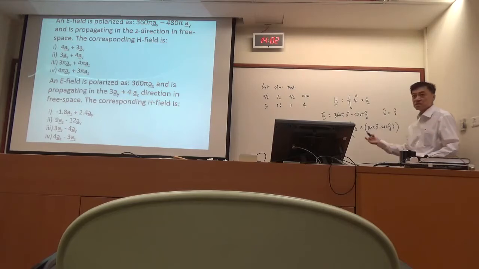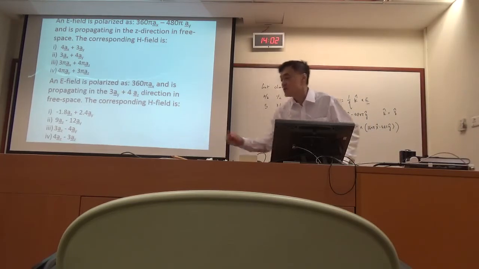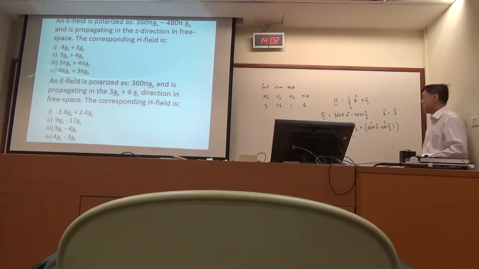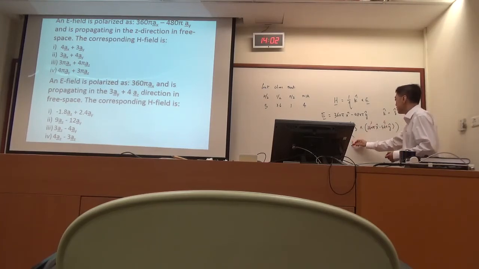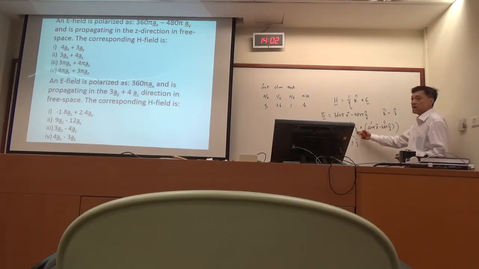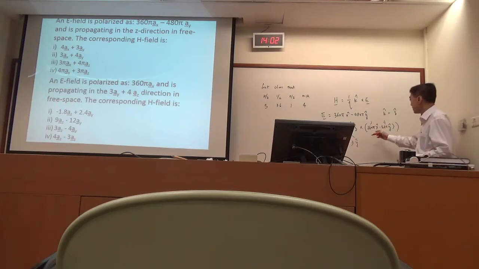I think most of you got this question correct. Actually 120 pi, this one becomes 3, this one becomes 4. z cross x is equal to y, and z cross y is equal to minus x, minus minus plus, so it's 4x.